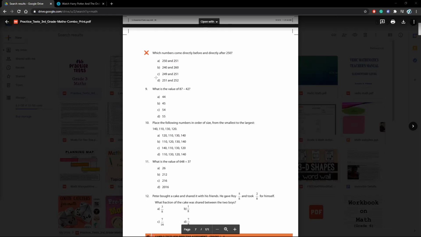Oh no, sorry, it's C, because 249 is before 250, and 251 is after 250. So basically, Prasanjit was saying 250 minus 1 equals 249, and then 250 plus 1 equals 251.